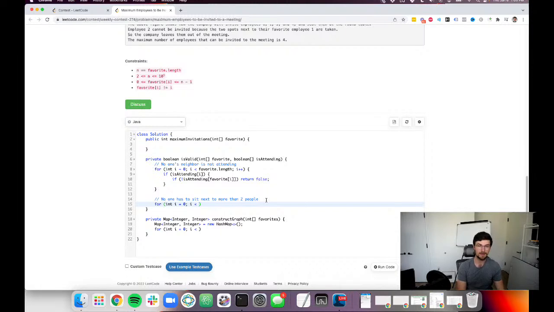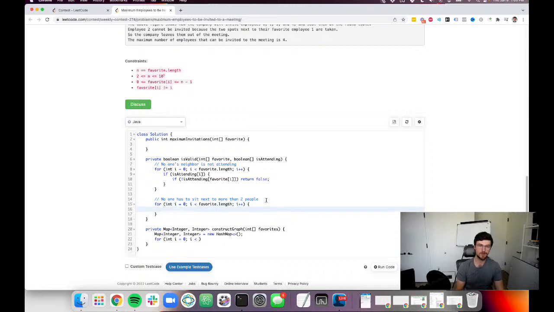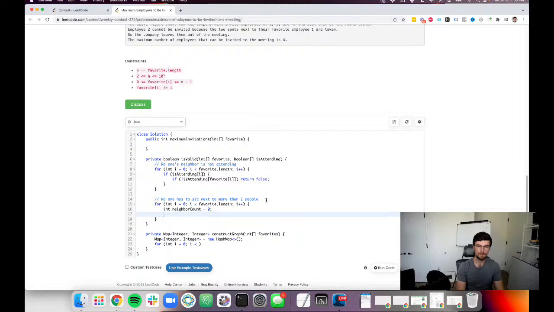So for each person, I'm basically going to check how many people they are trying to sit next to. int neighbor count equals 0.